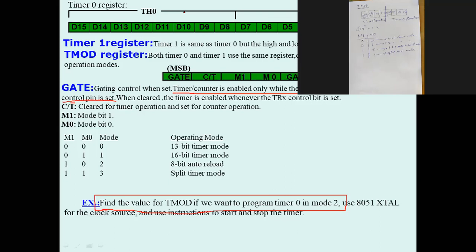Tell me the answer. Were you listening to the class or are you doing something else? You're busy at something. No, sir, I'm listening. So tell me. Do you have any questions? That means you have understood. So tell me.